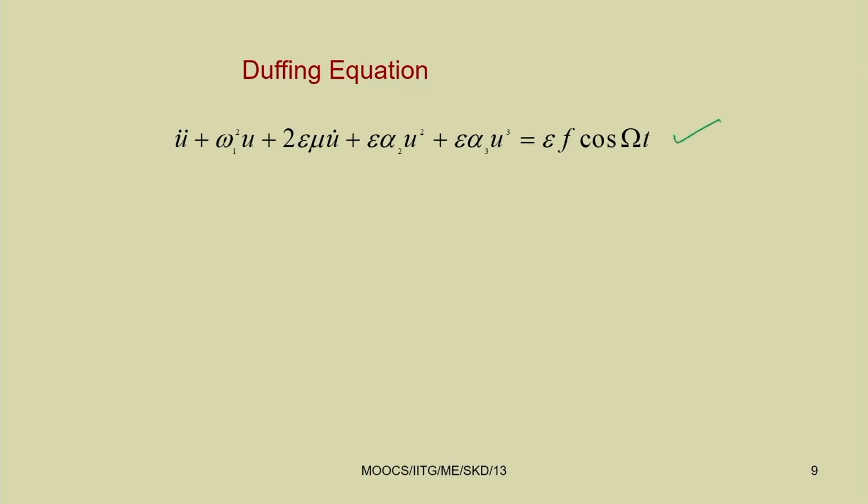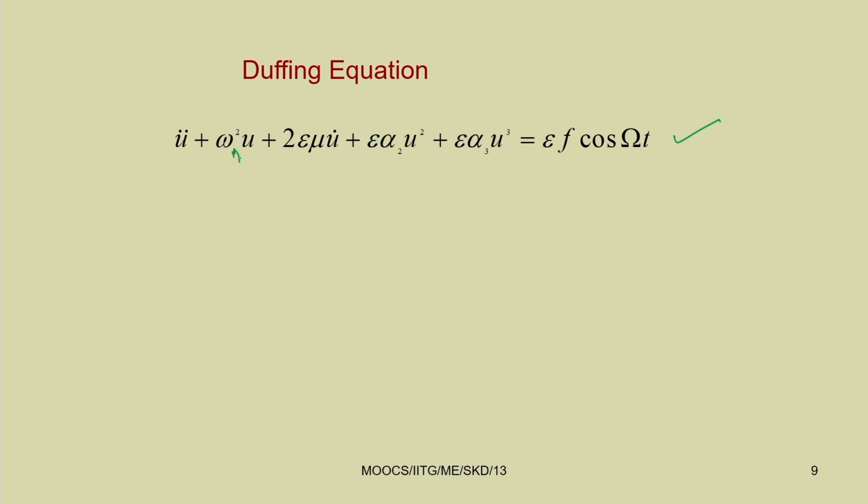So, let us see the Duffing equation. The Duffing equation can be written in its generalized form: u double dot plus omega n square u, where omega n is the natural frequency, plus 2 epsilon mu u dot.